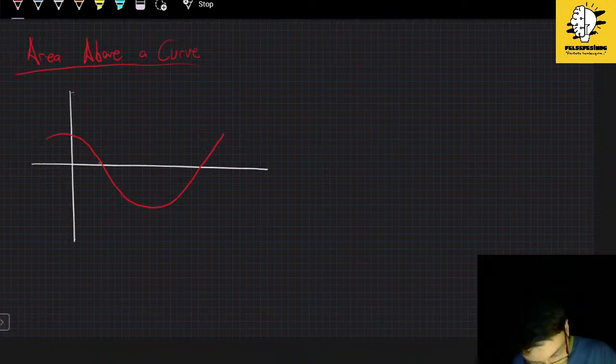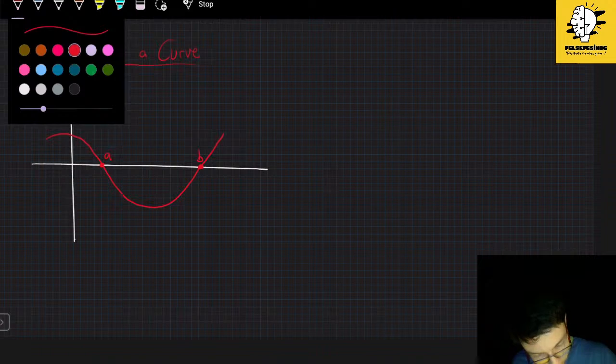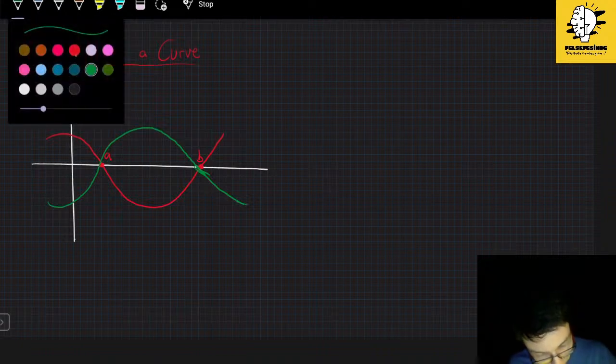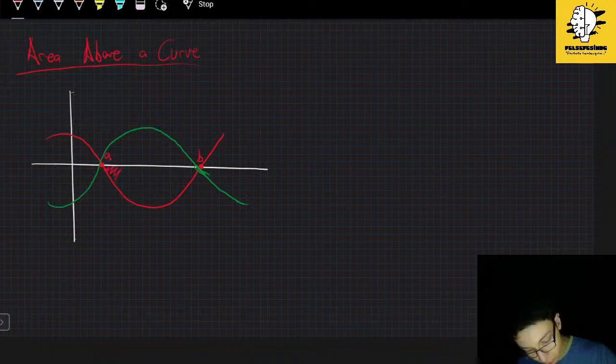So we know that if those are the roots a and b, and if this is the reflection, I will draw it in green, if we have its reflection on the x-axis, again passing through the same points, we can say that the area above the curve, the red curve here, and the area over here are equal, right?